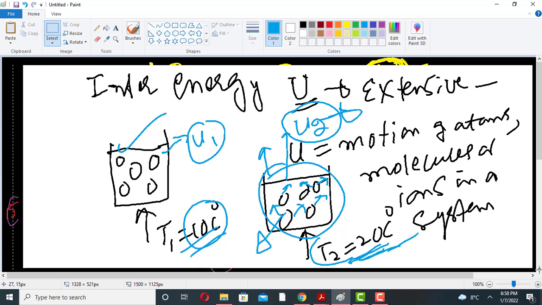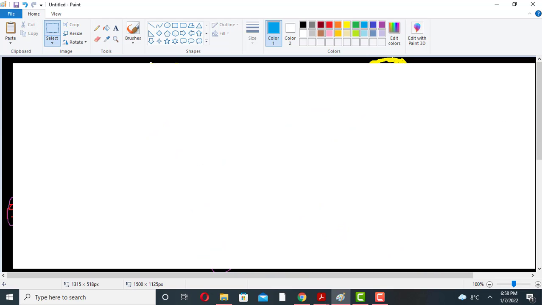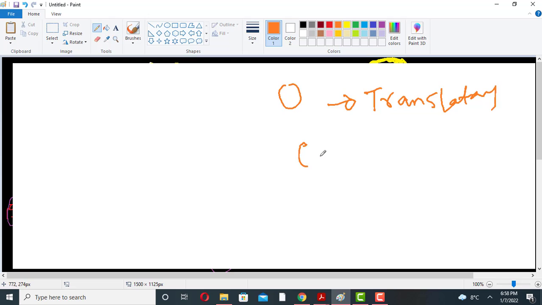The molecules in a system can show three types of motion. One is translatory motion, one is vibratory motion, and one is rotatory motion. A simple molecule like a monoatomic molecule can show translatory motion, meaning the molecule can move from this place to this place in linear motion.